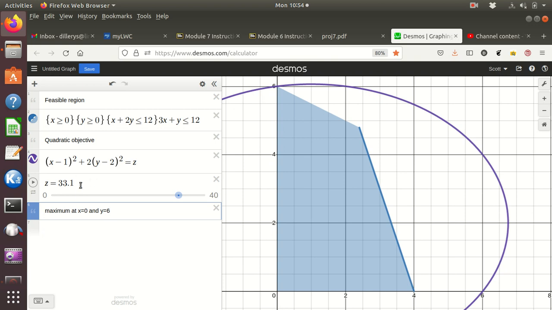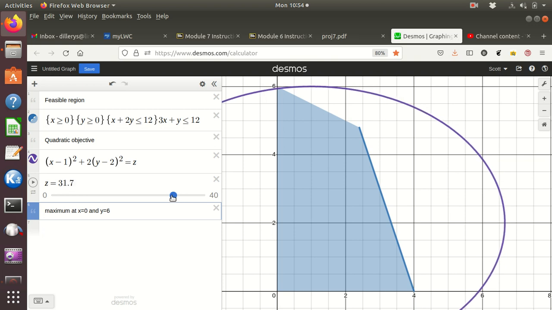I could plug the 6 into the y here to see specifically what it is. If y equals 6, you get 6 minus 2 is 4, squared is 16, times 2 is 32. So actually, z at a value of 32 is as big as it can be. So I'm trying to get it exactly right there.